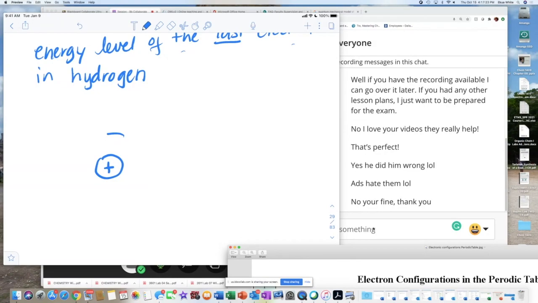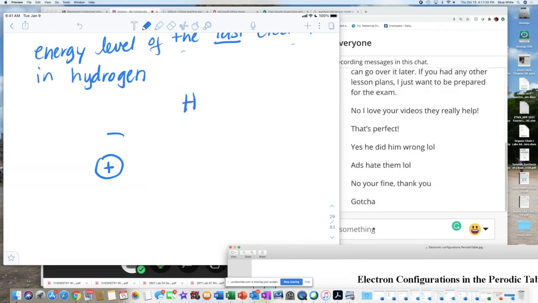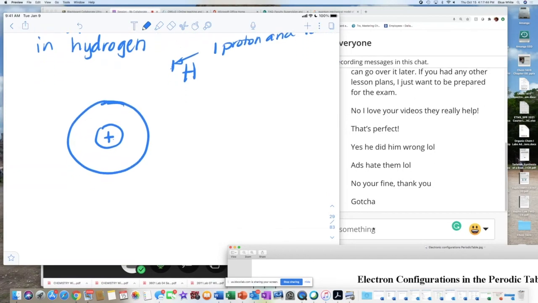I have a nucleus here for hydrogen, because the 1 here just means there is 1 proton and 1 electron, right? That's what the 1 means. So this is my 1 proton right here. I'm going to draw the rest of the atom right here. And then I have 1 electron. So this is the atom of hydrogen.